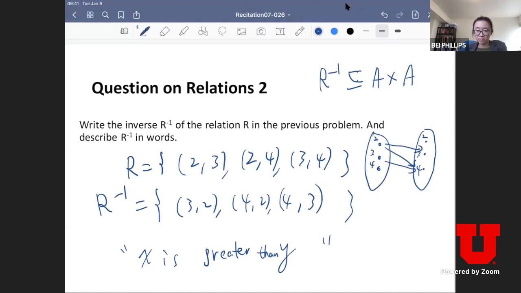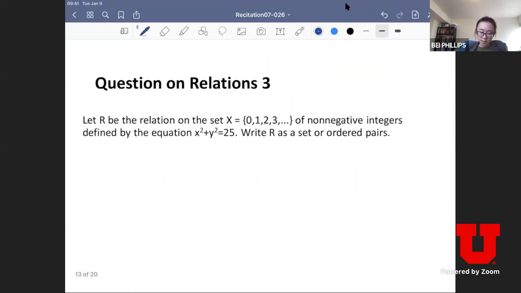This is not a function, but it's a relation. And then when I reverse the relation, I get 3, 2, 4, 2, and 4, 3. So that's a mental picture you can have. All right. Those are easy. Let's look at the next one.